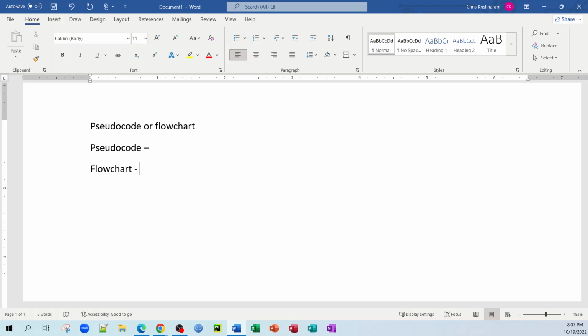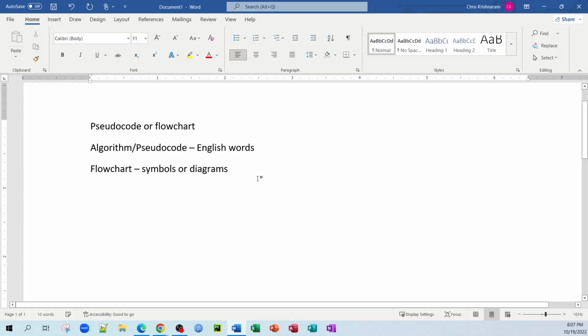The flowchart uses symbols or diagrams, whereas the pseudocode uses normal English words. Same for the algorithm also. The algorithm also basically uses normal English words, but only the flowchart is going to use symbols or diagrams, or shapes.